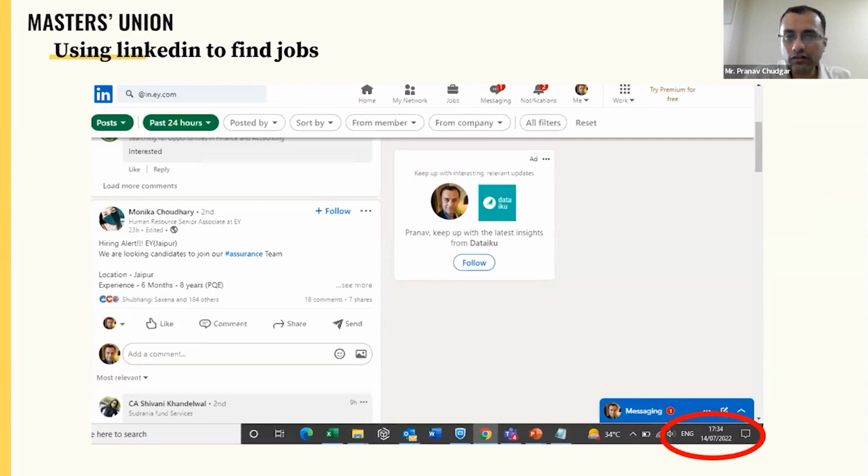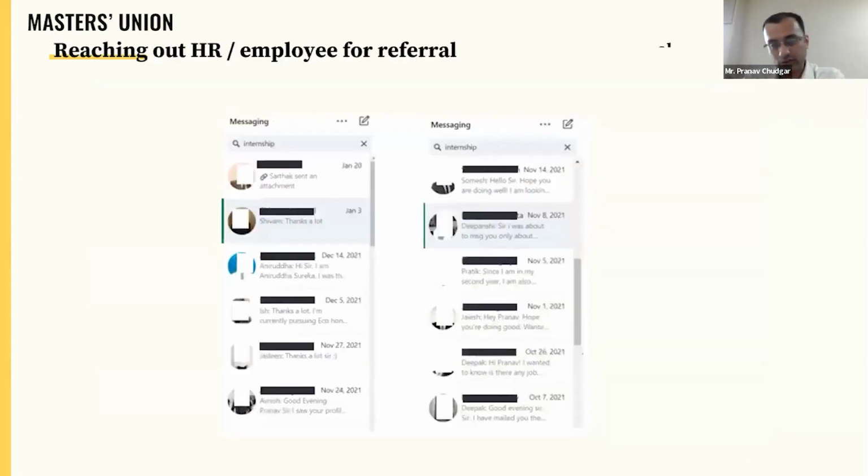Now, a lot of times the mistake that I have seen people making is this. I work at EY, and this is some 6-8 months back. This screenshot that I'm showing is from last year, somewhere between October and December of 2021, while I was at EY.